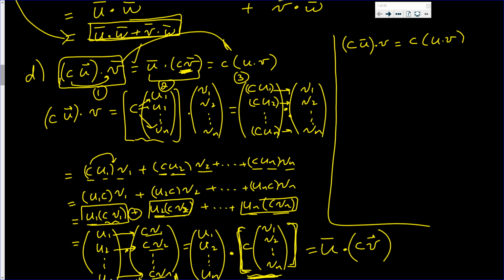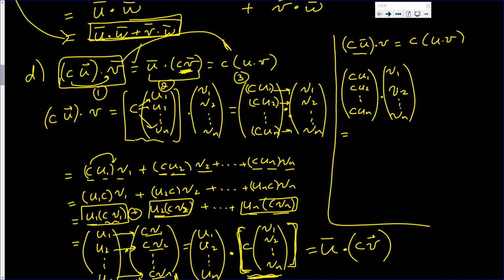So, definitions. c times u is cu1, cu2, all the way to cun, dotted with v, which is v1, v2, down to v sub n.